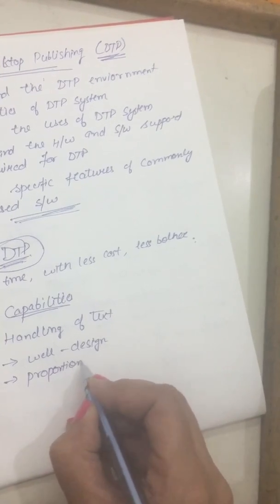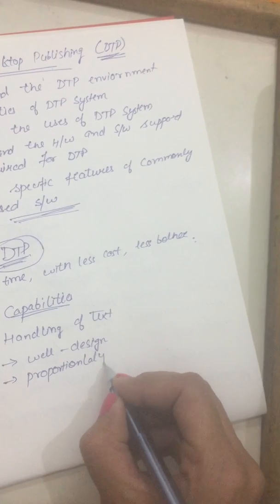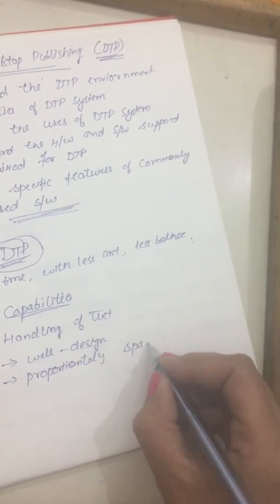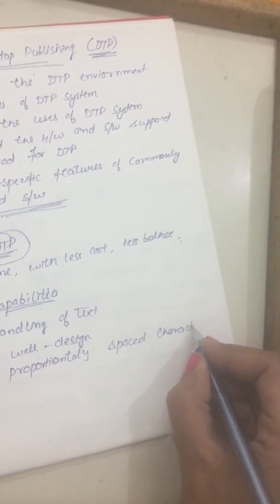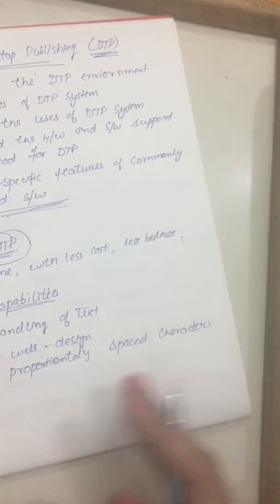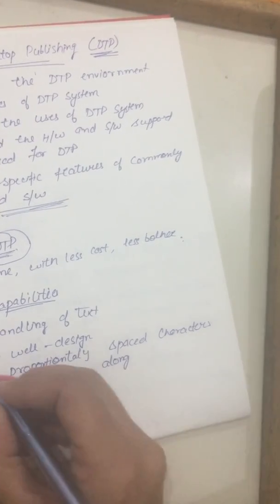It means the type of text we design will have proportionally spaced characters, proportionally spaced between the characters or between the lines, or along with justified lines. It will also be well designed.